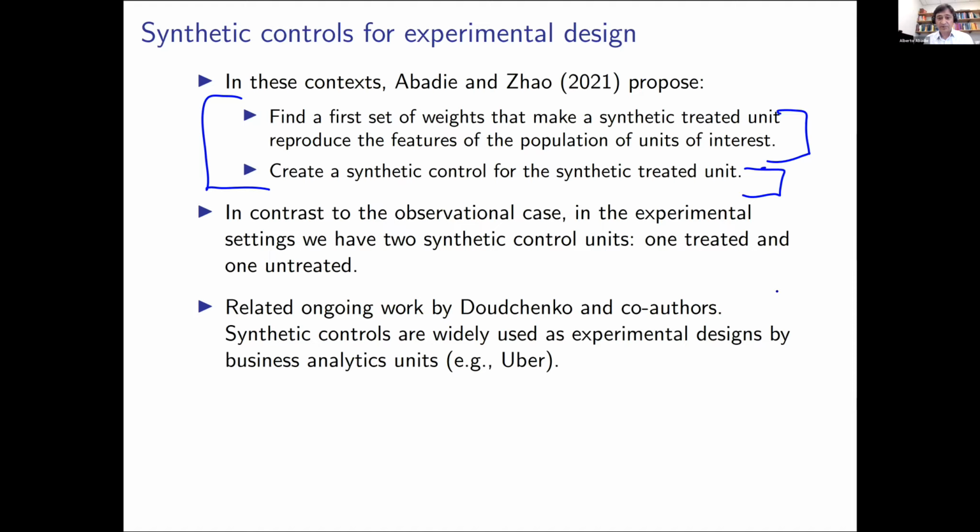We have some work on this, and Nick Dowchenko and others have also been working on these techniques. This is kind of new to academia, but it is not new to industry. Many companies are applying this type of synthetic control design for experimentation, exactly because of the issues we were talking about in the previous slide and this slide.